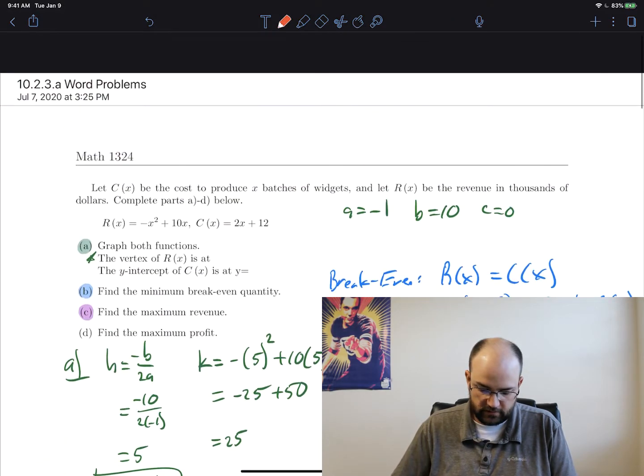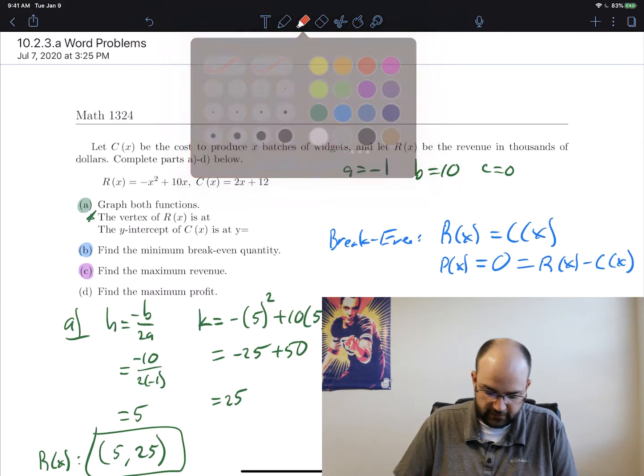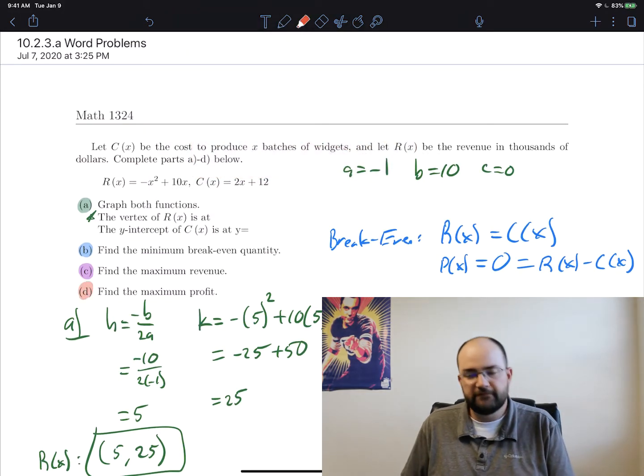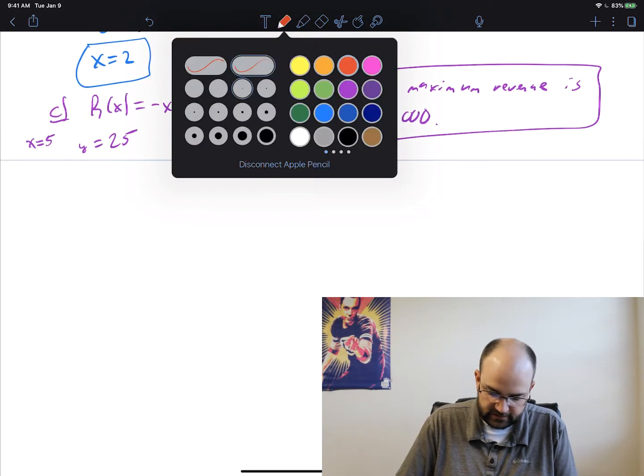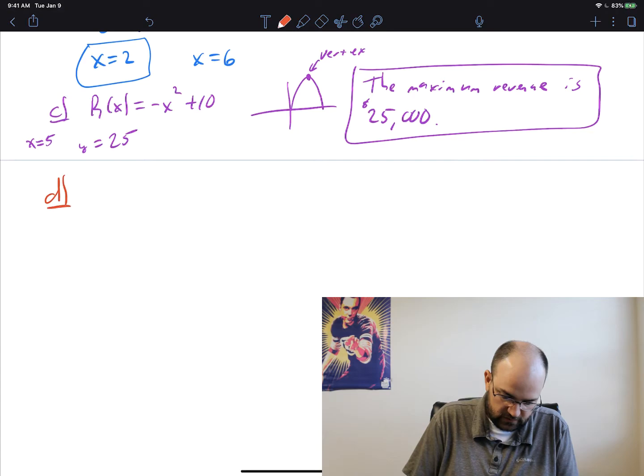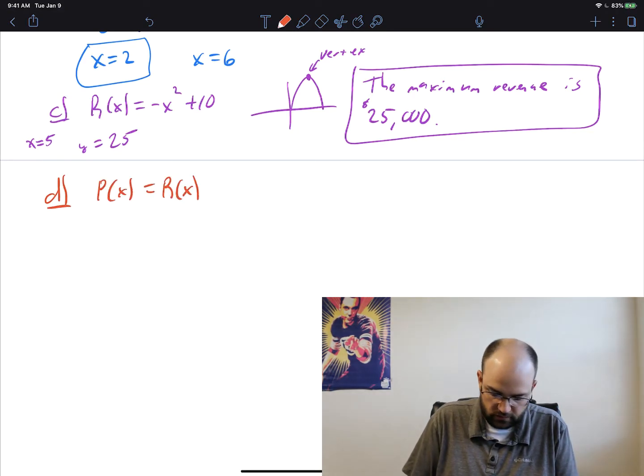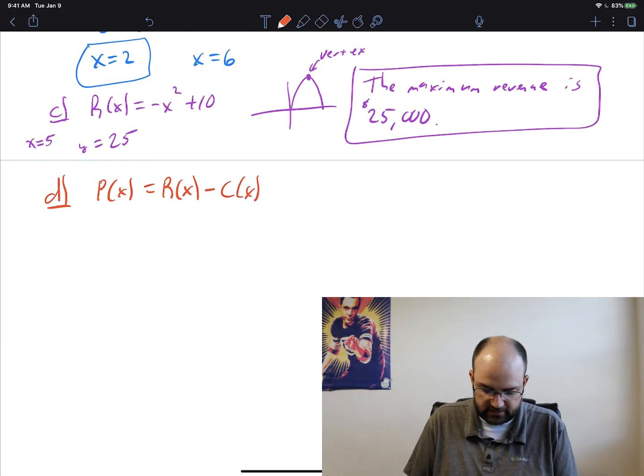However, letter D is a little bit different. We have not answered that question. We want to find the maximum profit. And remember, profit, by definition, is revenue minus the cost.